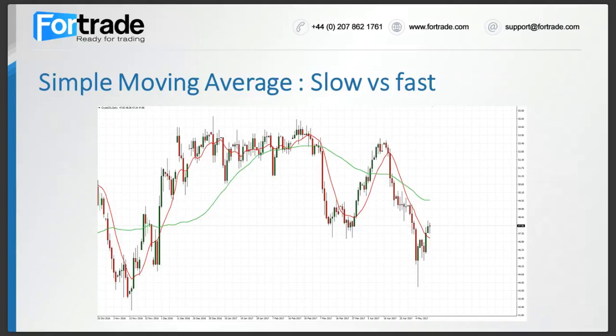So when a short-term moving average is above a long-term moving average, which is a green line, that means that the trend is higher or bullish, and vice versa. Short-term moving average below long-term means that this is a bearish trend or downtrend.